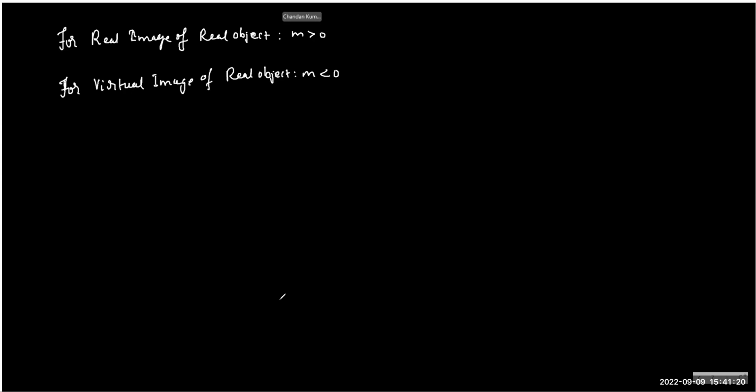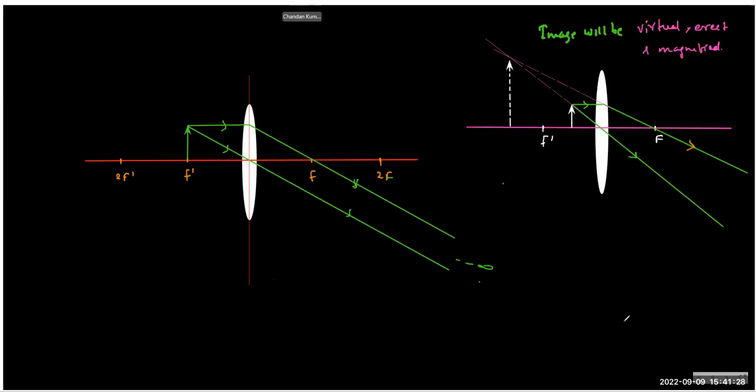A double size image in case of convex is possible either as a real or as a virtual image, both. We have seen that. Even a virtual image can be double, I mean extended, magnified. So when I say the size of the image is twice the size of the object for convex, we have no choice but to assume both cases separately.